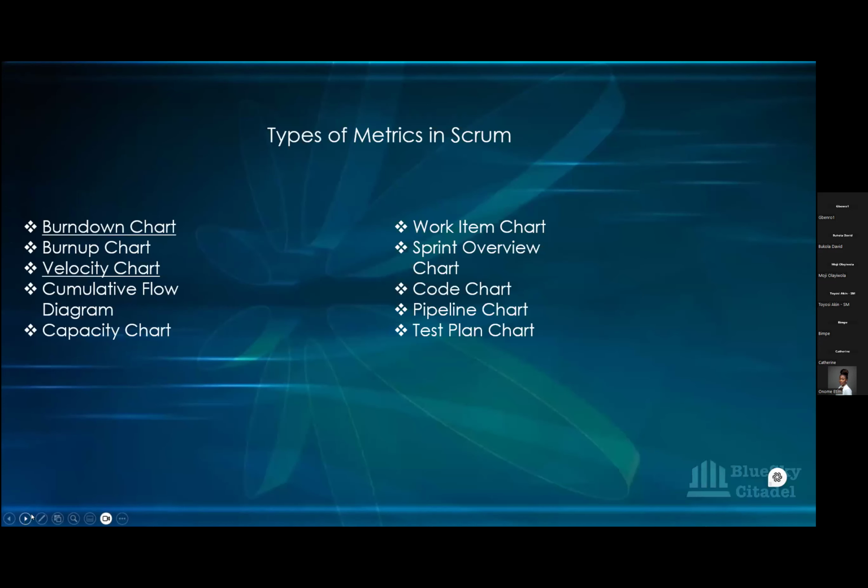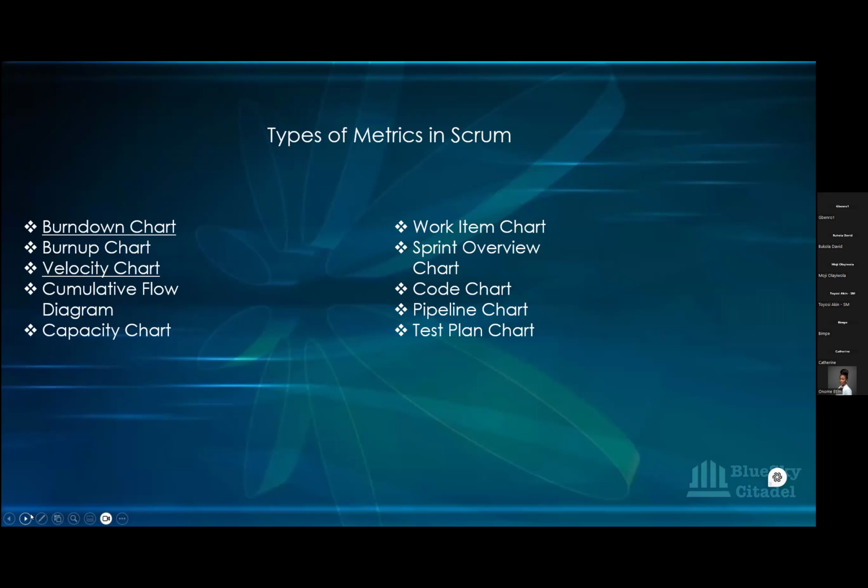Okay, so we have different types of metrics in Scrum. We have the burn down chart, the burn up chart, the velocity chart, and the cumulative flow diagram, mostly used for Kanban. You can use it in Scrum also, but it's more effective with Kanban. You have the capacity chart, the work item chart, the sprint overview chart, and the code chart, which can be used by developers or testers.